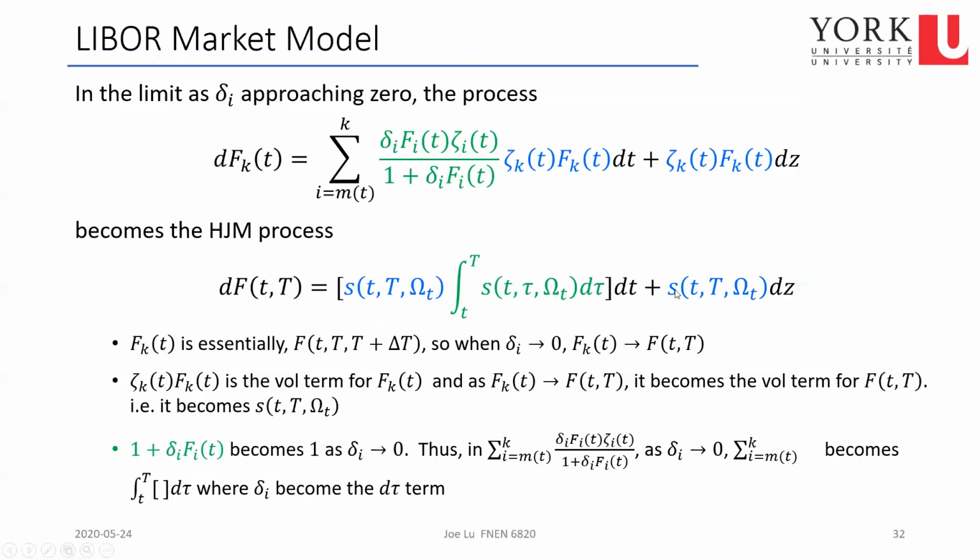If you just have S of t and big T, then you would need to have an Fk here, unless this has been specified in a very specific way such that F may drop out. But typically, if this S is only a function of time, then you would need to have an F here. Here this is a generic one, so it's already included.